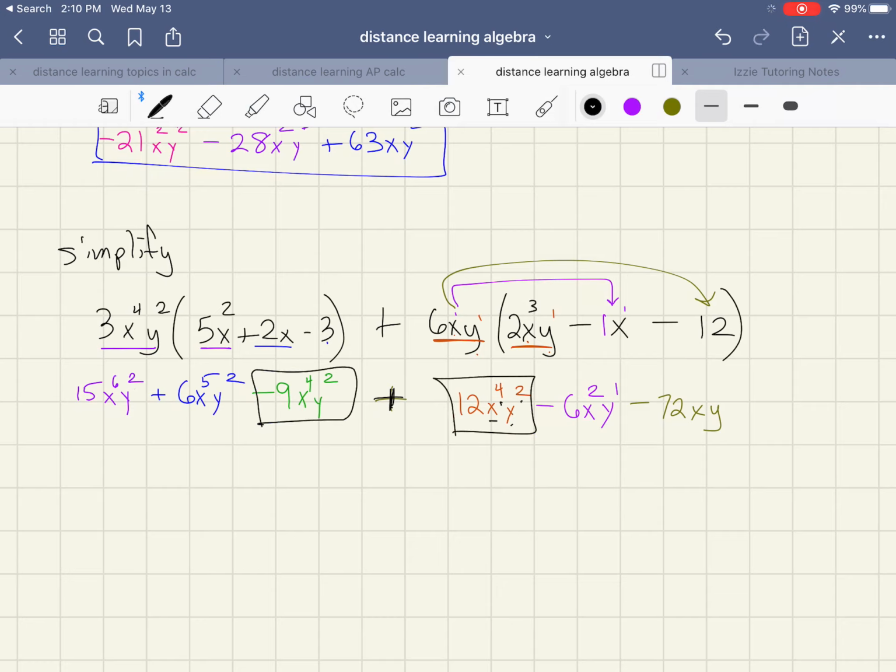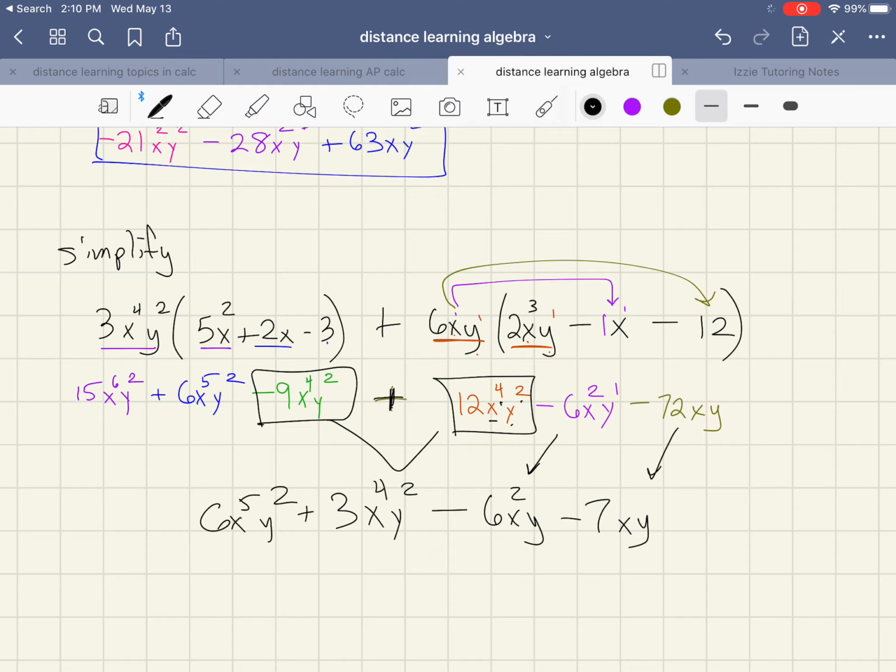So let's combine these, and that gives me 3x to the fourth y squared, and everything else drops down. Notice that I just dropped that exponent of 1 because it's implied. And I've got 6x to the fifth y squared and 15x to the sixth y squared.